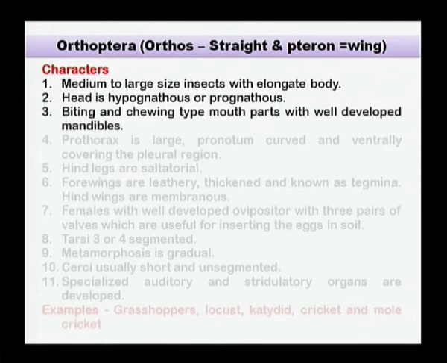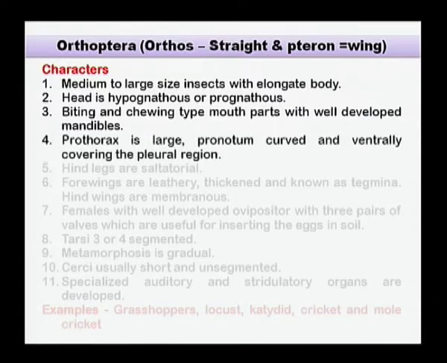Mouth parts in the members of the order Orthoptera are of the biting and chewing type. Prothorax is large and the covering, the surface known as pronotum, is curved, and there is a clear cut pleural region.